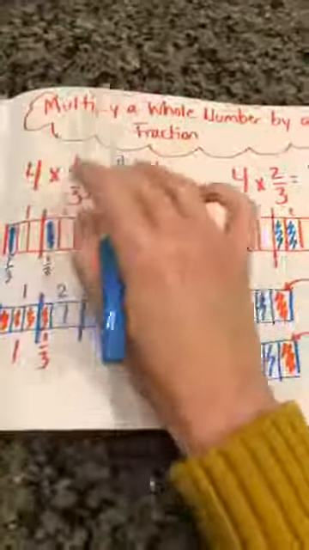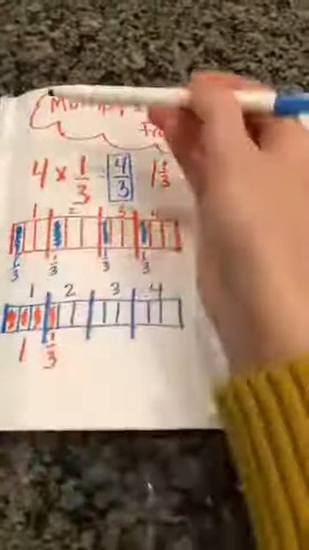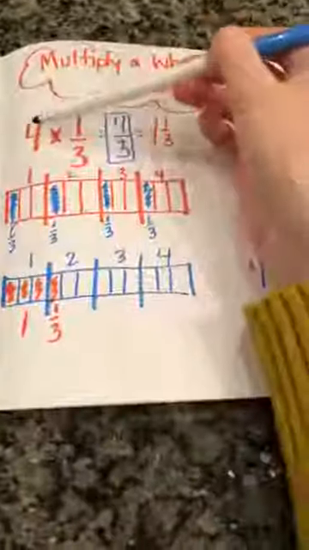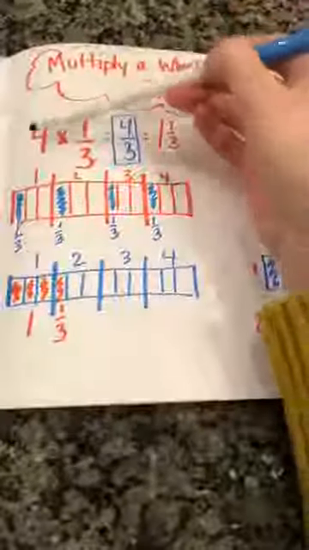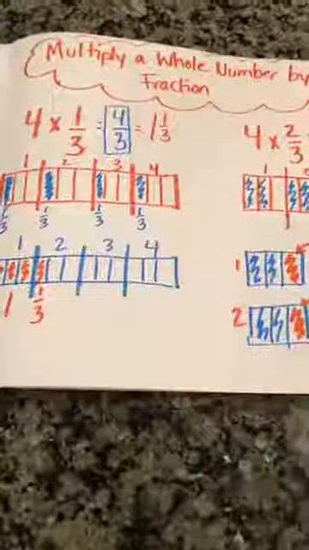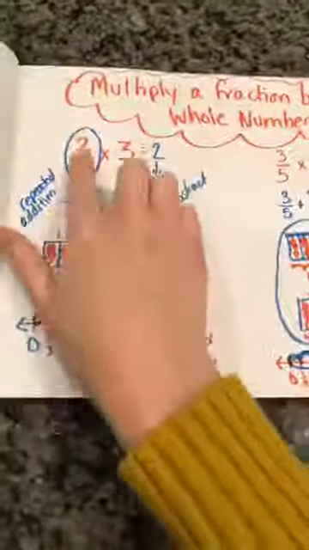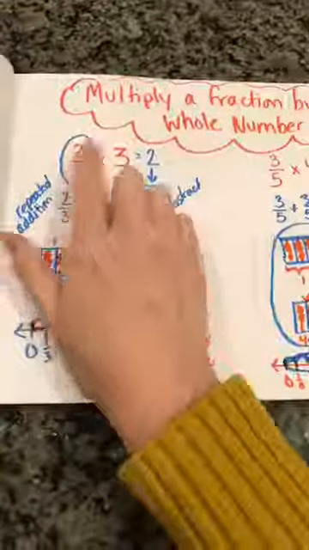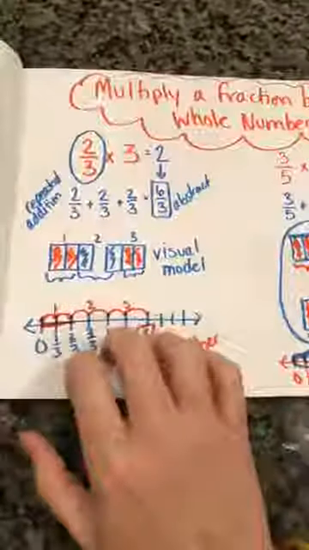So once again, remembering that when multiplying a whole number by a fraction, what are we starting with? 4 wholes, and we're determining how many 1/3 or how many fraction parts fit into that one whole or number of wholes. And the difference here is that we're determining how many equal groups of that fraction do we have, and then therefore how do we rename that?